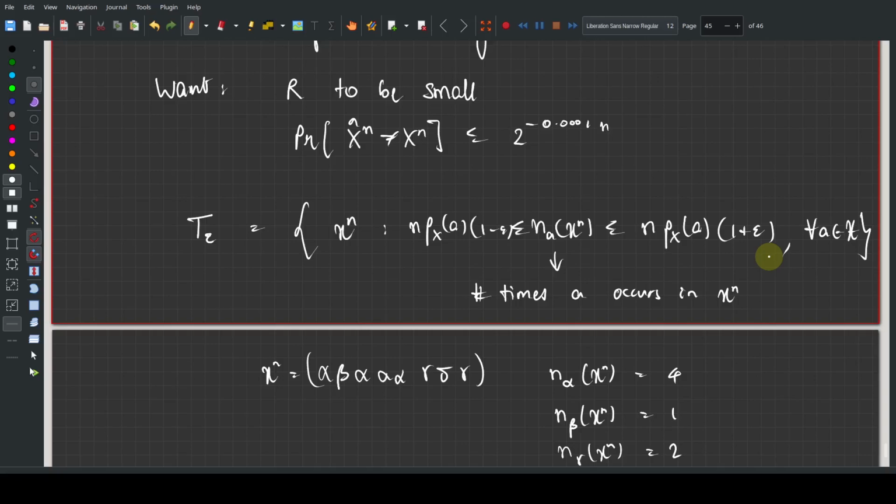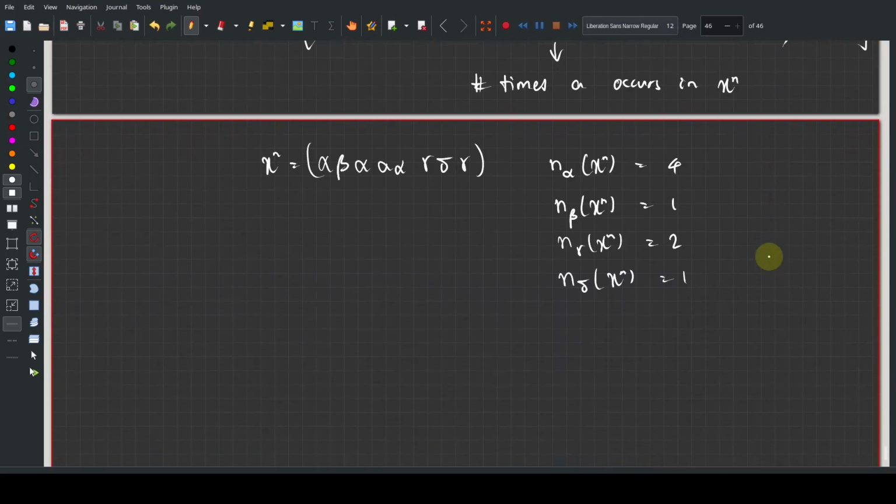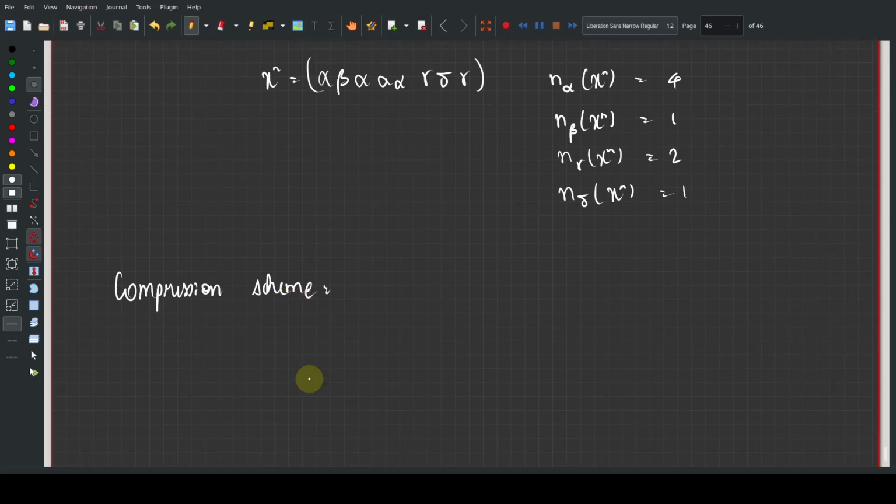So now my scheme for compression would be the following.